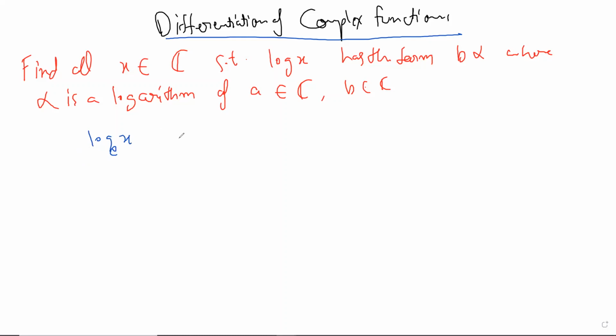So here also, log x would be, this is not a number now anymore. Okay, this is a set, a set of stuff. Maybe I can just call it t, such that e to the power t is equal to x. Now let us think. Now we have a better way to think.